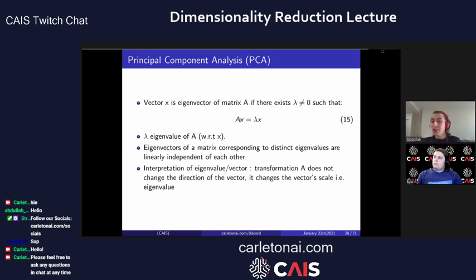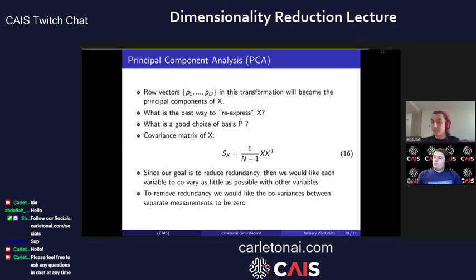It will only change its scale, right? So if we look at the row vectors of this transformation matrix, they will become our new principal components, right? And now we'll explain why this is the case. Well, we have matrix X, and we're trying to find a good way to re-express it. And to do that, we're trying to find a good transformation matrix P.